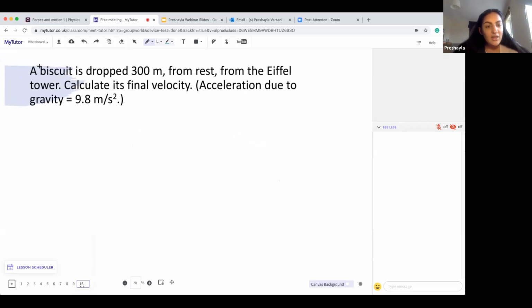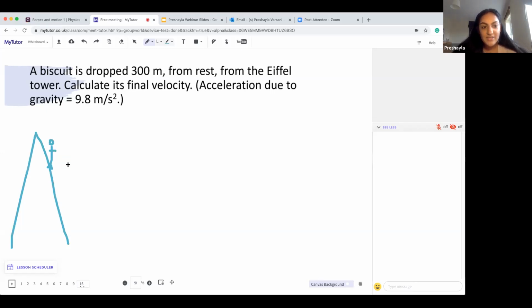And you can see here that a biscuit is dropped 300 meters from rest from the Eiffel Tower. Calculate its final velocity. So we've got our Eiffel Tower here. And let's say that this person is stood right here. Okay, they're looking out of the, I don't know, like the balcony of the Eiffel Tower.